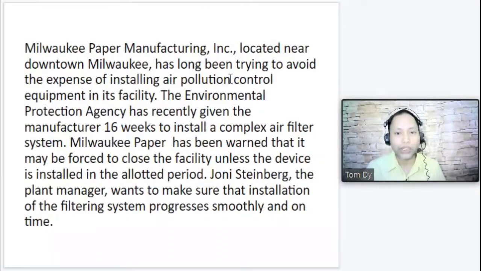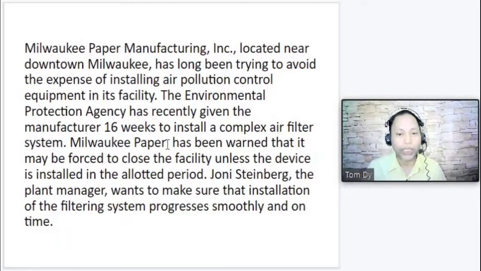Milwaukee Paper Manufacturing Incorporated, located near downtown Milwaukee, has long been trying to avoid the expense of installing air pollution control equipment in its facility. The Environmental Protection Agency has recently given the manufacturer 16 weeks to install a complex air filter system.